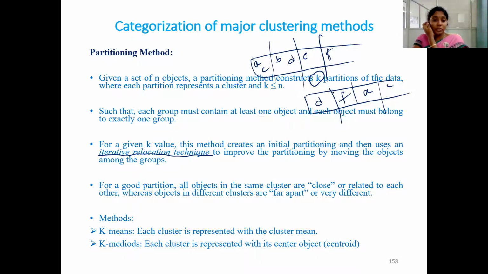Based on the method of relocation we have applied, the data is automatically relocated from one partition to another partition. After that, in the second iteration, again we come to know that D actually falls into the second partition and F falls into the third partition.